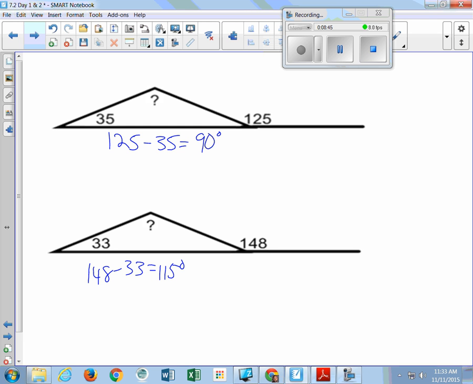So you're just adding and subtracting. You're adding the interiors to get the exterior, and you're subtracting one of the interiors from the exterior to get the other interior. Easy stuff.